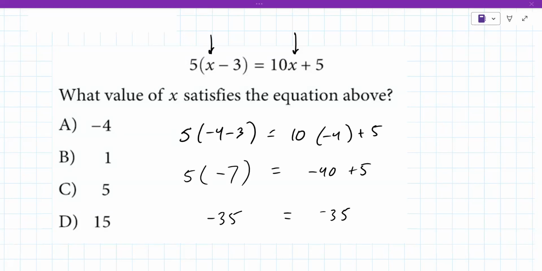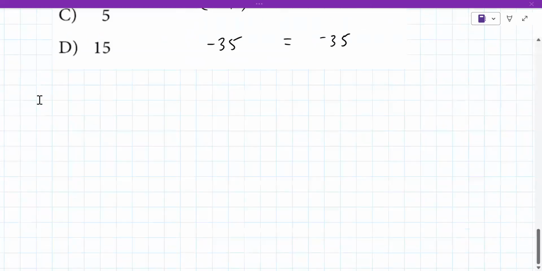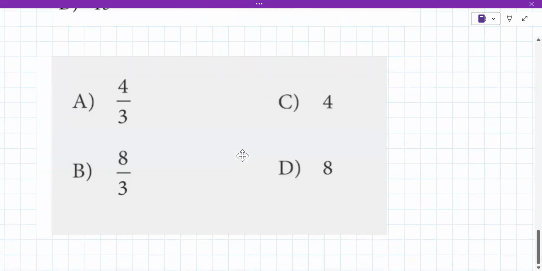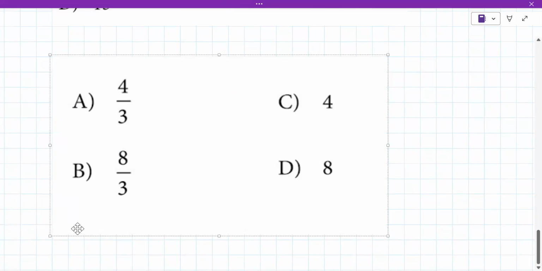But we're gonna look at some problems now where there is a choice to be made. All of this is about saving time. So here are the answers to the next problem. What do you notice about these answers? Does anything stand out to you? Two of them are fractions and two of them are whole numbers. So depending on the problem, it could be a lot easier to try the whole numbers.